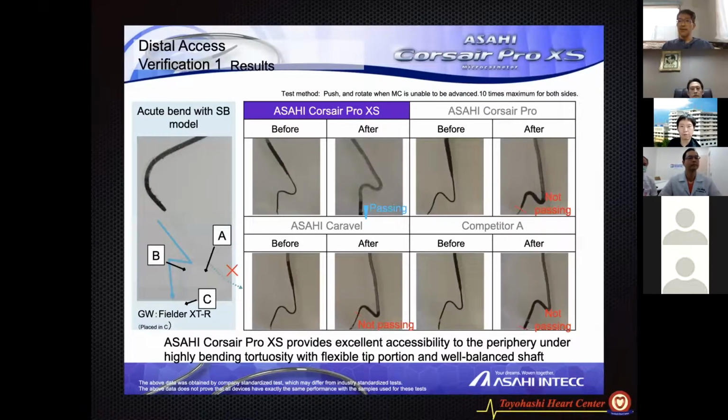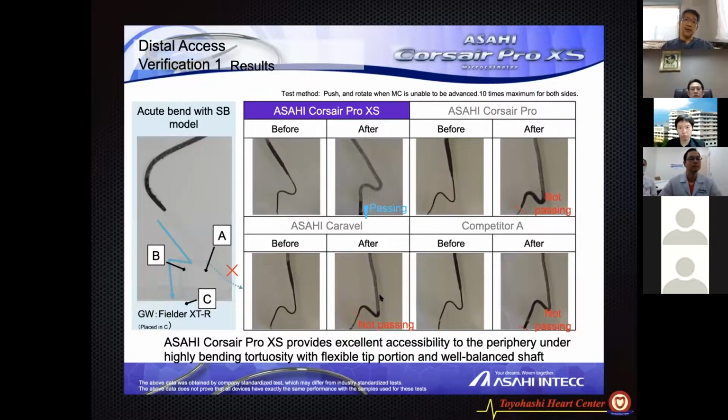Corsair Pro XS can pass through a very highly bending, tortuous phantom vessel like this. In this phantom vessel, the Corsair Pro can advance up to here, but from here it could not pass to the distal.